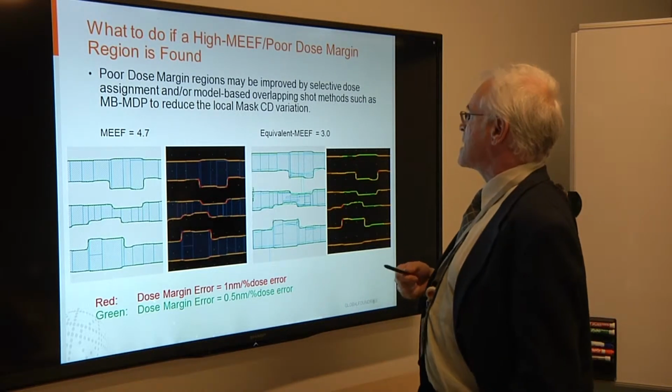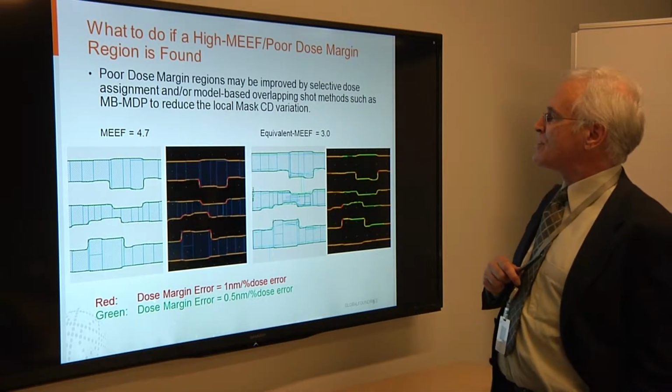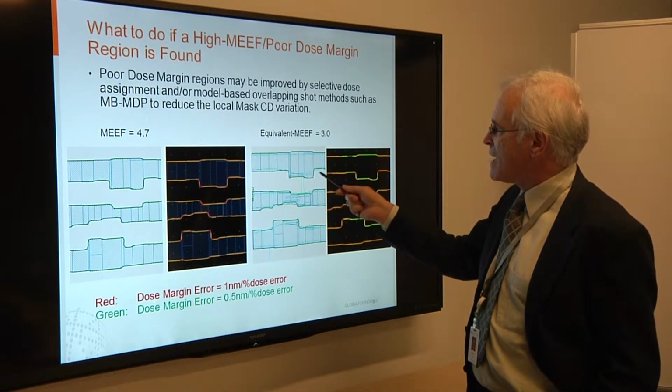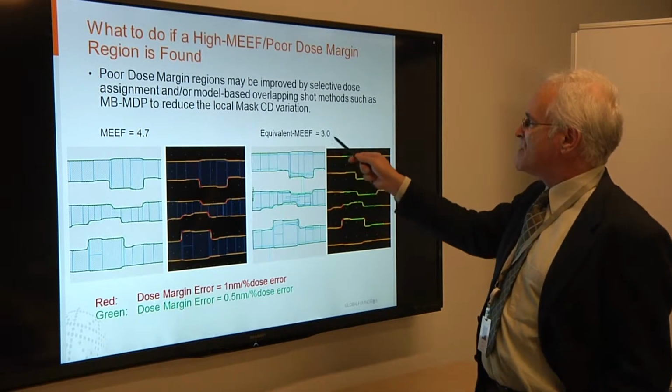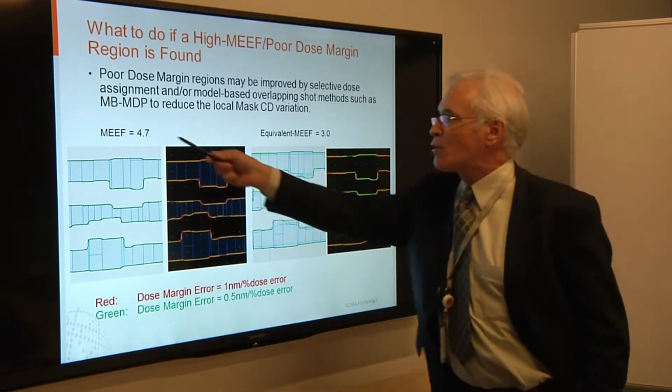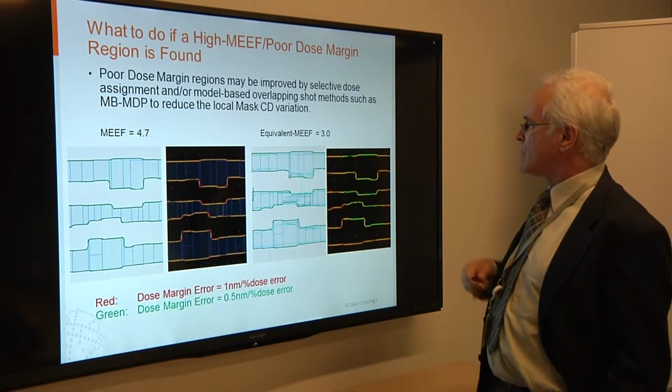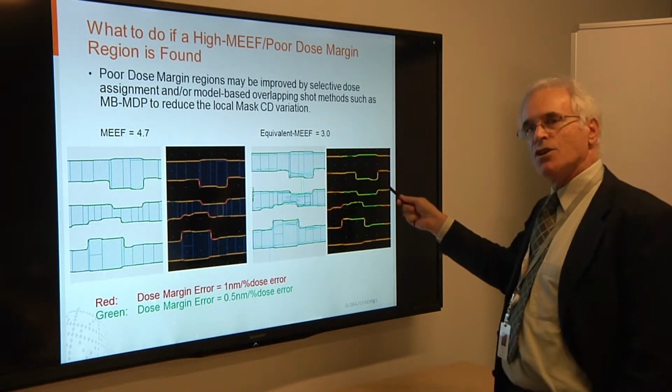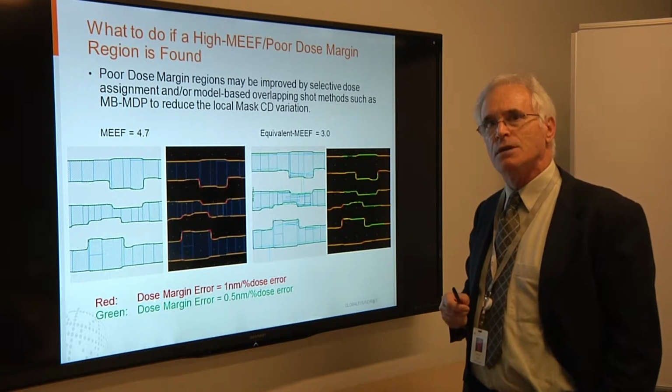What can we do to mitigate that? By using simulation, we're able to add shots and effectively reduce the MEF. So instead of 4.7, 3.0. And you'll see the dose slope is significantly improved.